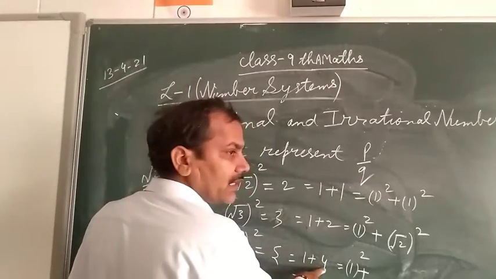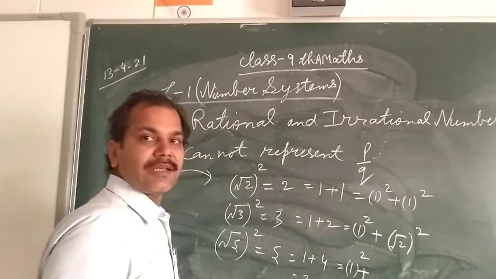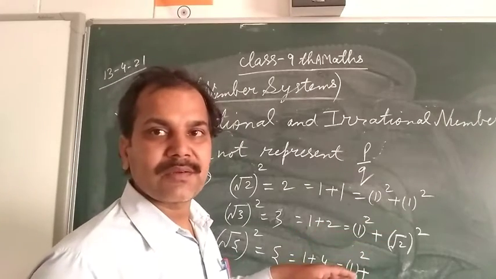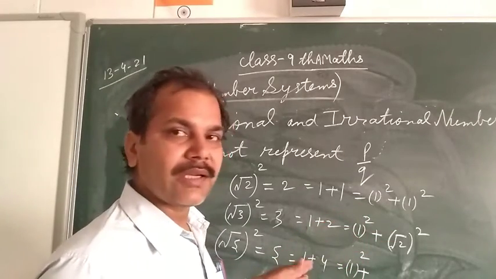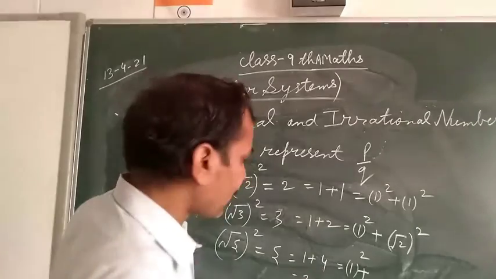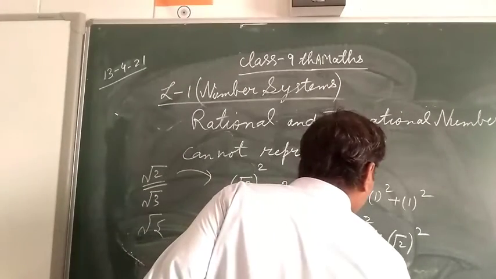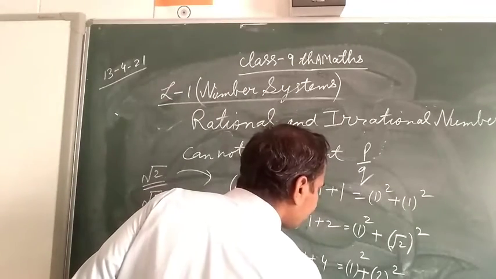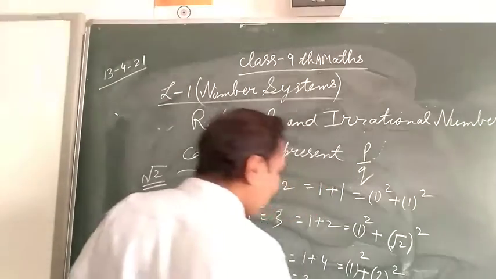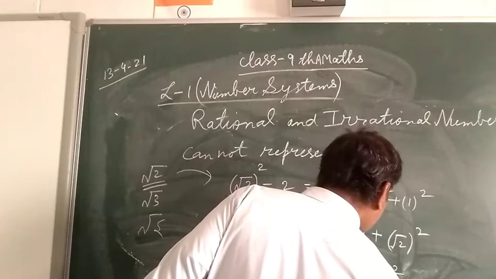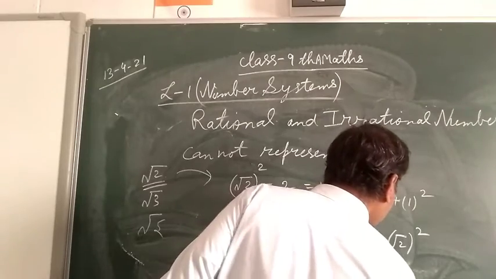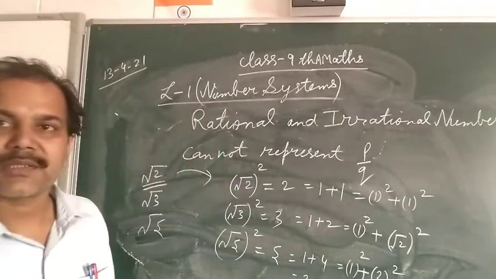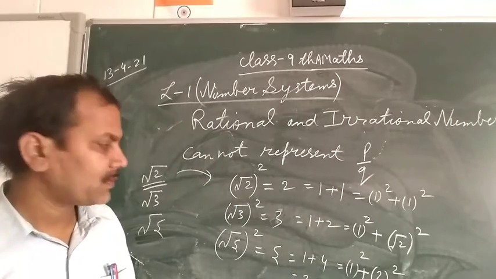First factorize, and from each pair, from each group of 2, you take one; that will be the square root of the number. So 2 square, and here under root 2, and for 3, under root 3. So under root 2 square plus under root 3 square. Clear?